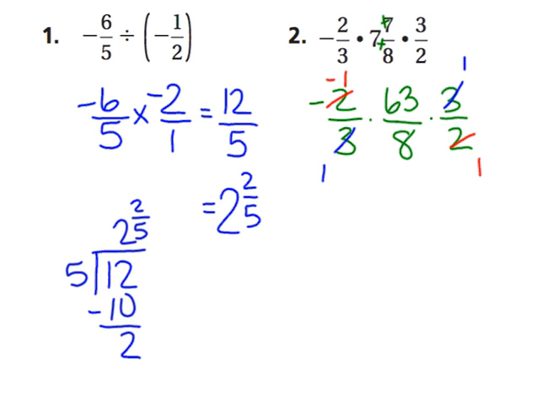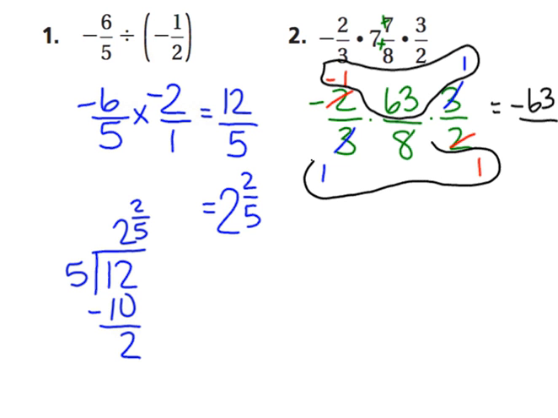So in red, those go together. And now I get to multiply negative 1 times 63 times 1, which is negative 63, and 1 times 8 times 1, which is 8. And again, if you didn't simplify, you're just going to have bigger numbers, and you're going to have to simplify at the end. So not a big deal if you missed it. It just makes the problem easier.